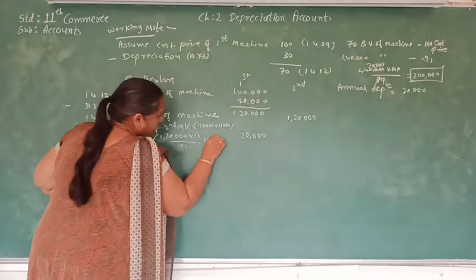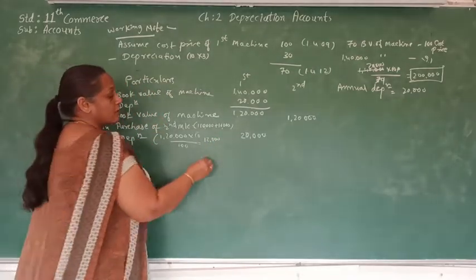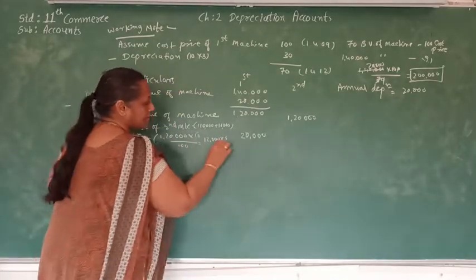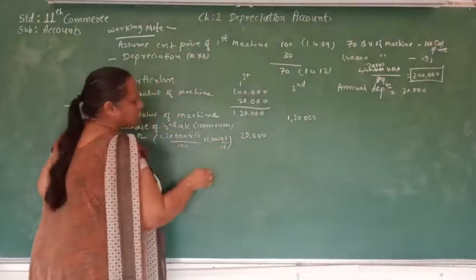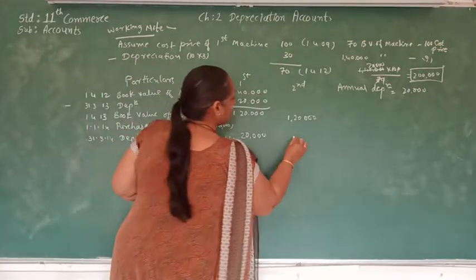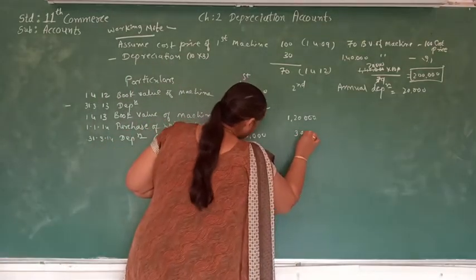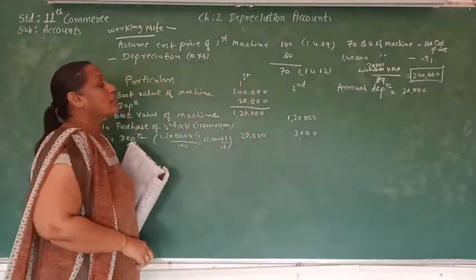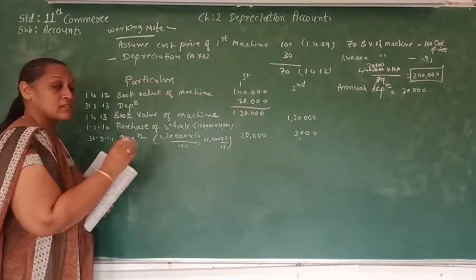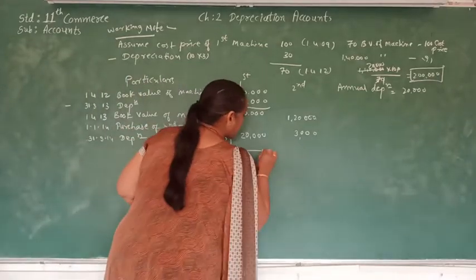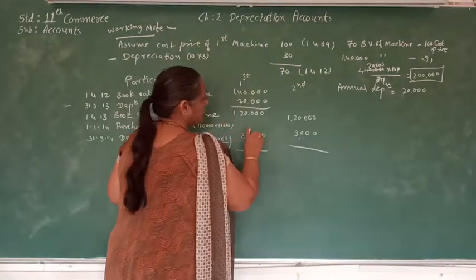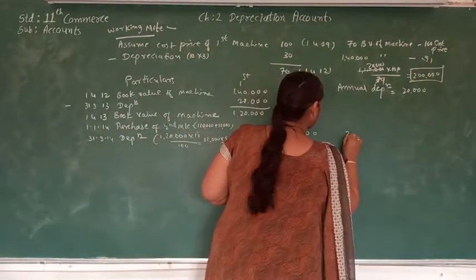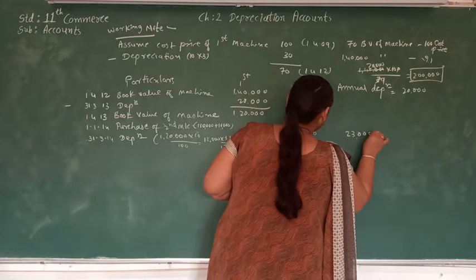But we haven't used the machine for 12 months, we have used it for 3 months only. So that depreciation will be 3,000 only. Total of the depreciation for the second year will be 23,000.